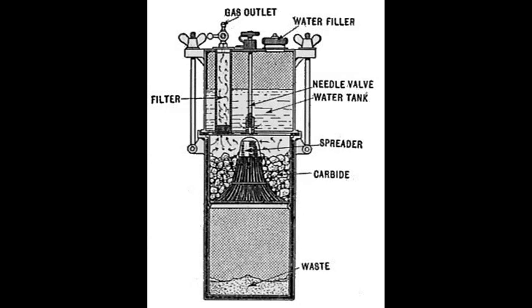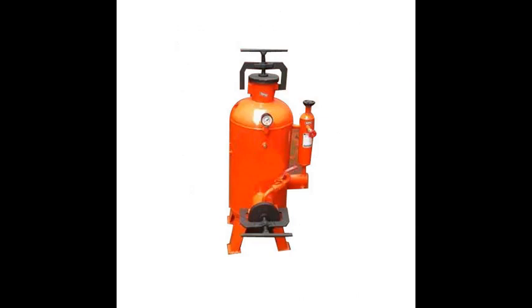As acetylene gas floats out of the water, it is stored at the upper portion of the generator and released through the hose pipe in a controlled manner with the help of a regulator valve. To indicate the pressure of the generated acetylene gas, an indicator gauge is also attached to the generator.